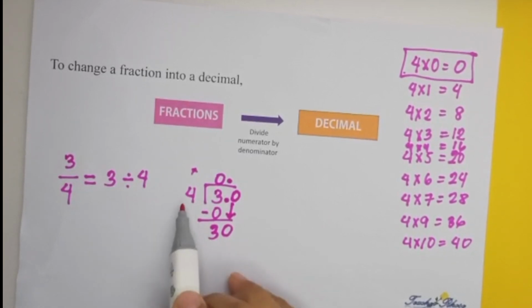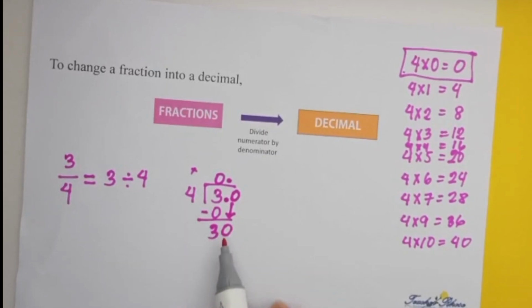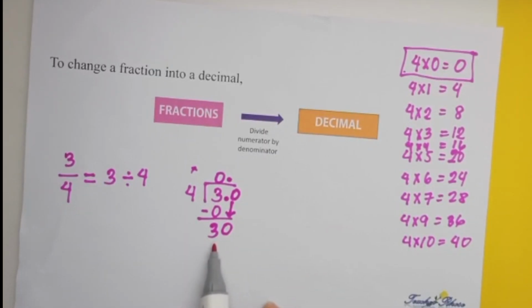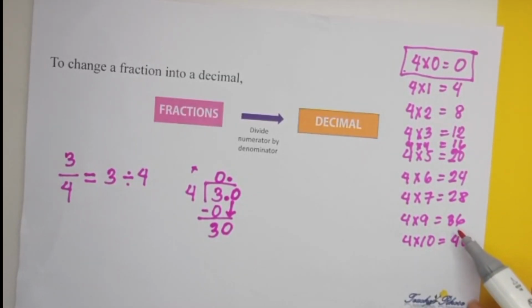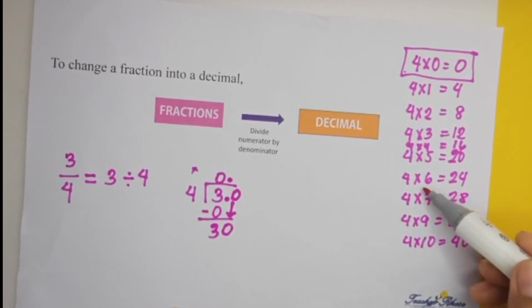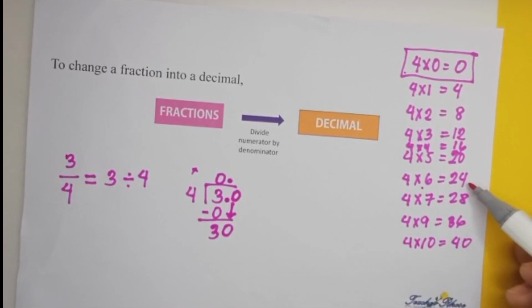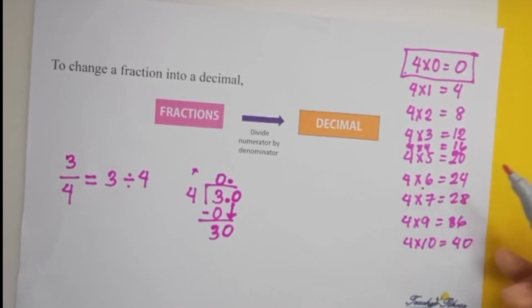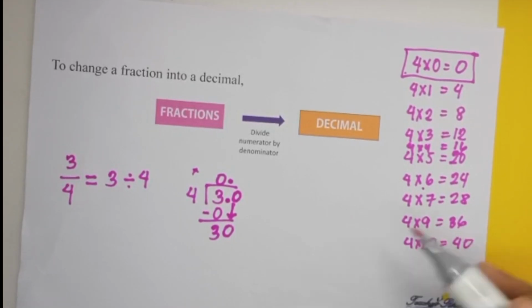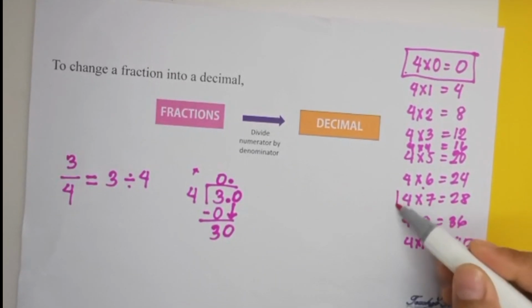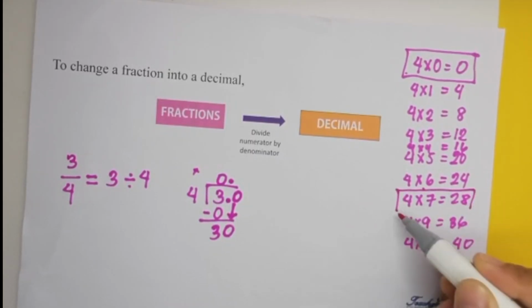30 divided by 4. How many 4s get to 30? If I look at my multiplication table, if I use 6, 24, I can still get 4 more, right? If I use 9, 36 is more than 30. So I will use 28 in this case.